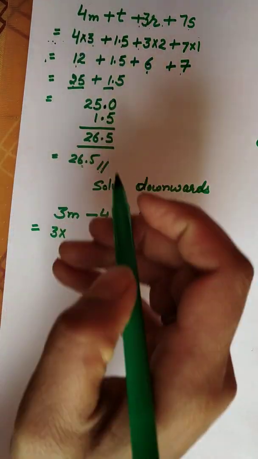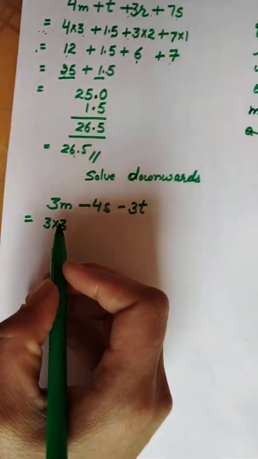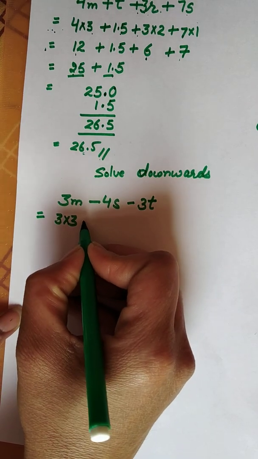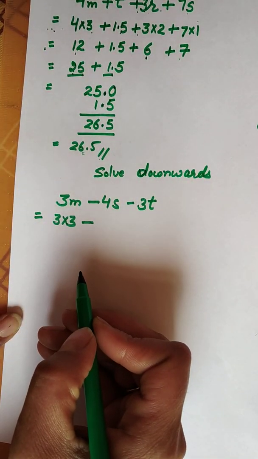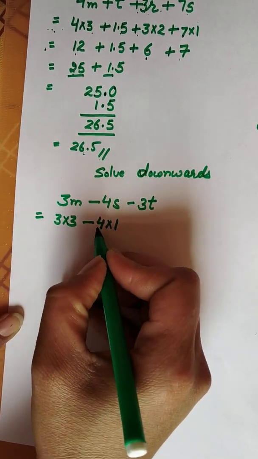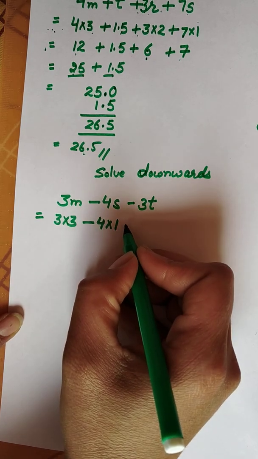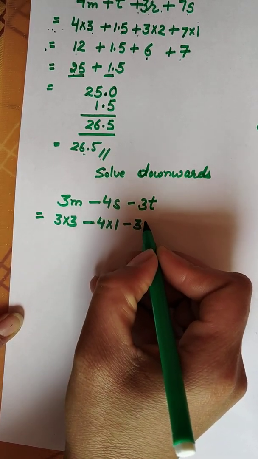M is 3. You can see here, M is 3. Now I have minus, so I'll put minus. Then 4S means 4 into S. So 4 into S, the value for S was 1. So 4 into 1. Then I have minus 3T. So minus 3 into T.